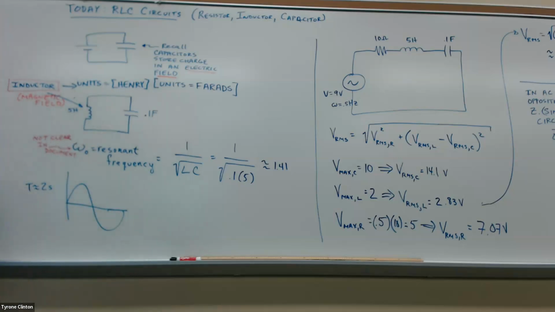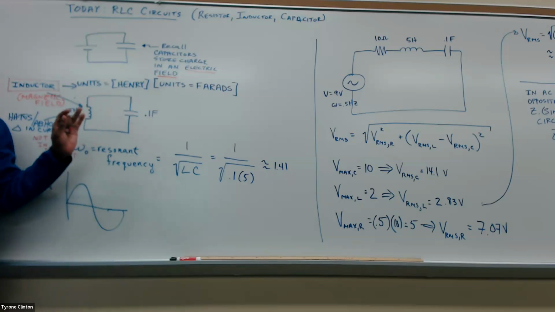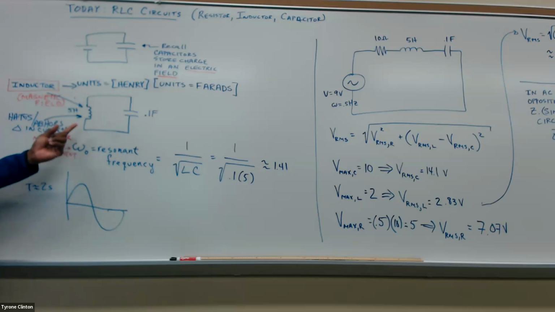Okay. So all of these different items have their own kind of unique units associated with them, depending on who discovered it, right? And one thing that you're going to need to know for an inductor, even though it induces a magnetic field, it hates a change in current. It wants to push that current away. And you'll see in a second how it's going to want to push the change in current away.